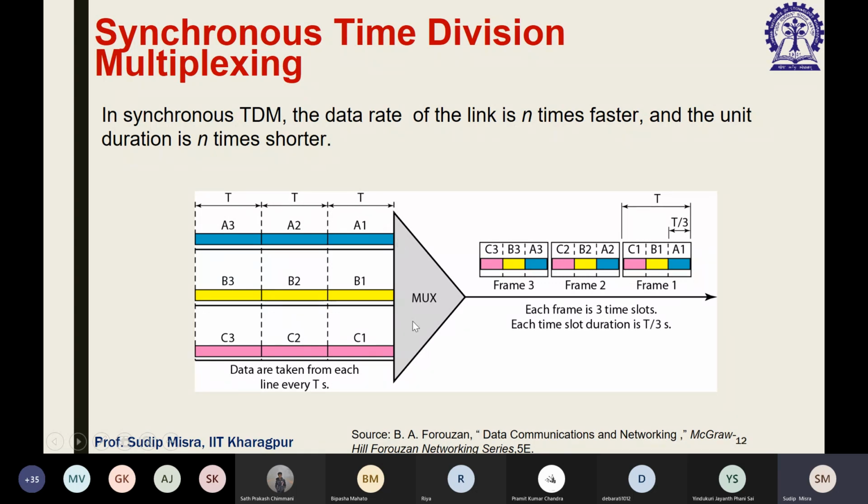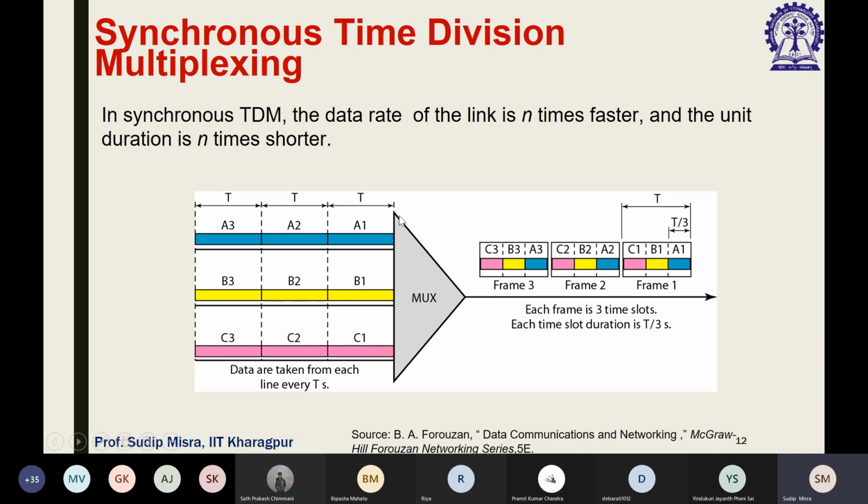The multiplexing is done in such a way that finally you are going to have a frame with A1, B1, and C1 all put into one frame in this manner. Now the question is that these were T time units long.